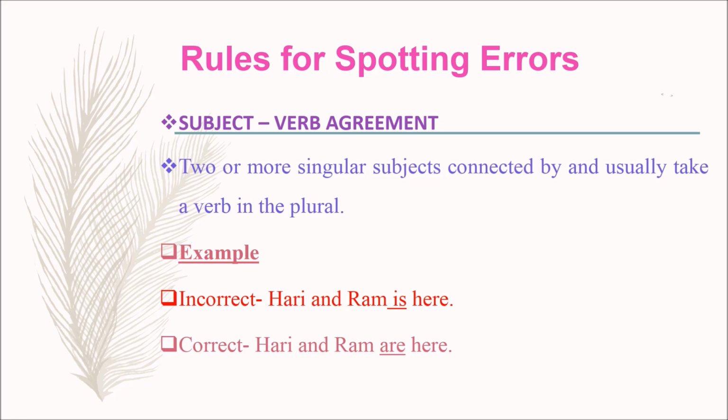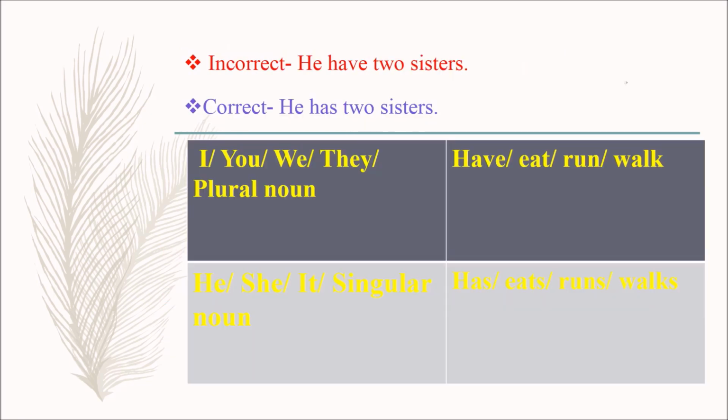So, what is the plural verb here? Yes, are is the plural verb here. So, Hari and Ram are here. It is the correct sentence. Now, look at the first sentence. He have two sisters. Is that correct sentence? No. The correct sentence is he has two sisters.